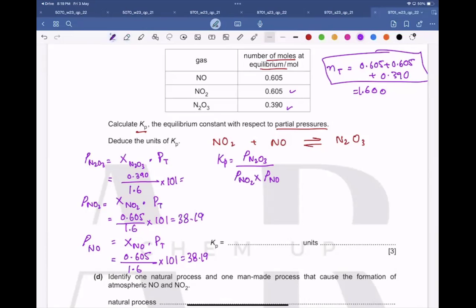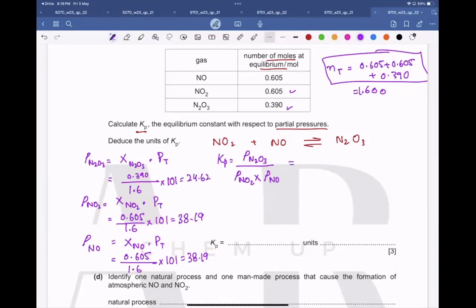Now, can anyone calculate the partial pressure for N2O3? It's 24.62. Okay, thank you.